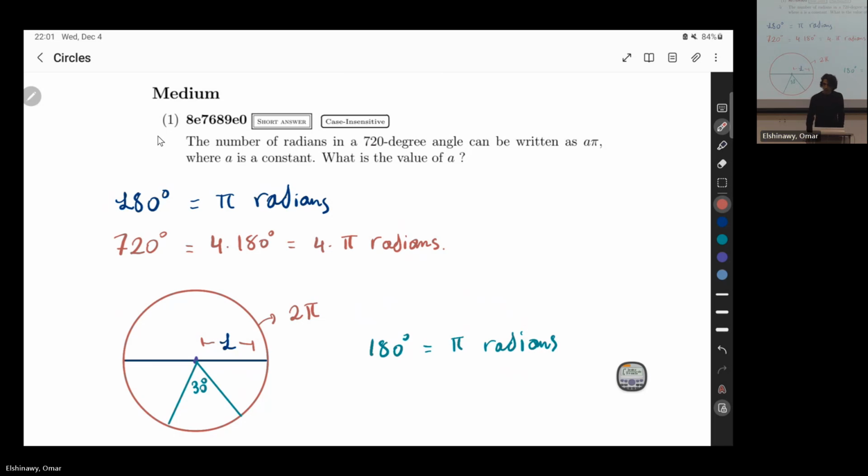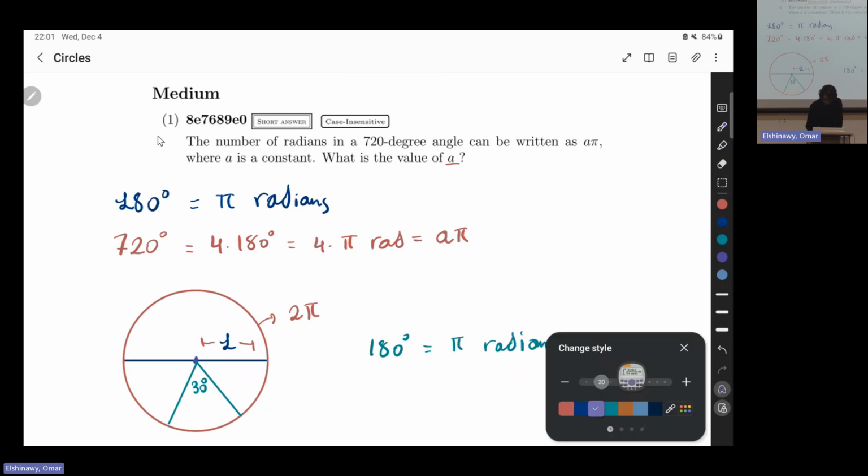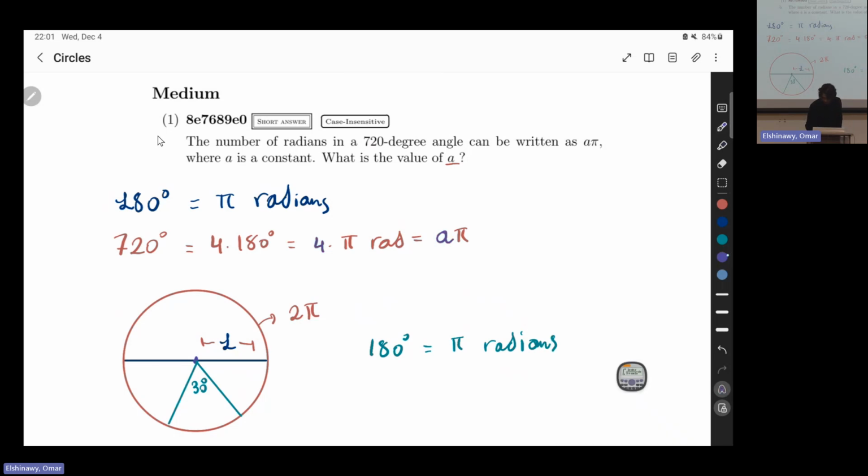Right? Then if he's asking you about the value of A, and this is equal to precisely 8 pi radians, then you can just compare the coefficients, and then you would get that A is equal to 4.